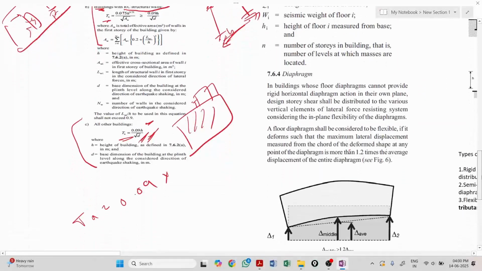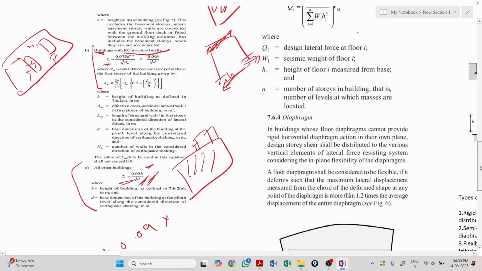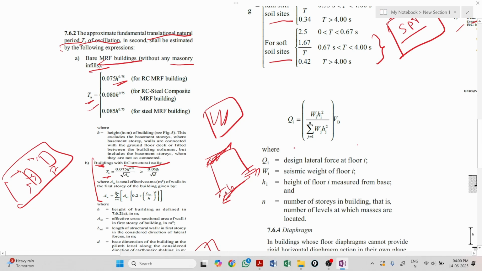Now, to understand what a diaphragm is, sorry, before that, you should understand this. Usually the lateral forces that we get for each floor depend on this. We take the summation of all of these.